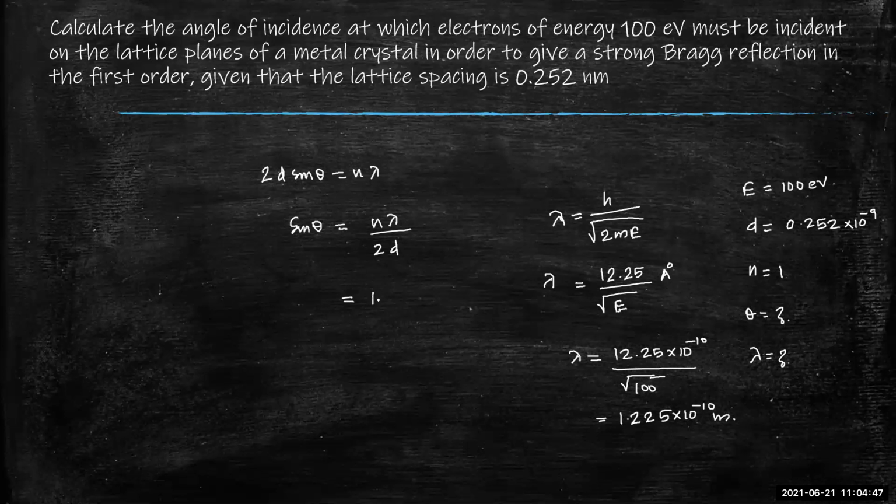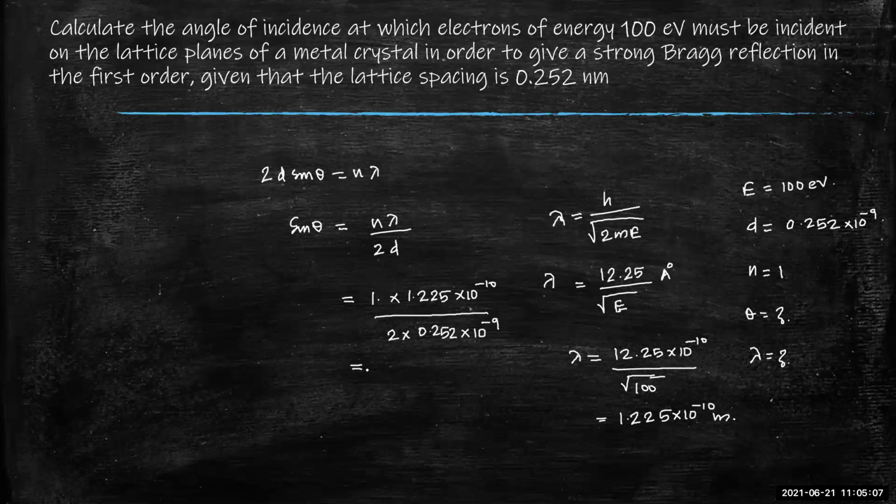Then sine theta is equal to 1 into 1.225 into 10 raised to minus 10 divided by 2 into 0.252 into 10 raised to minus 9.